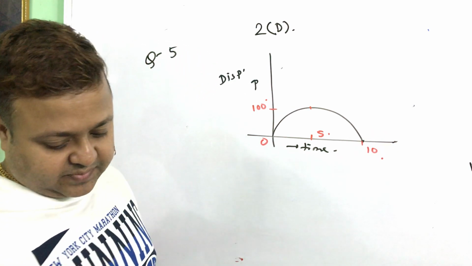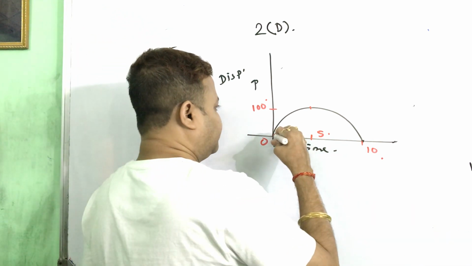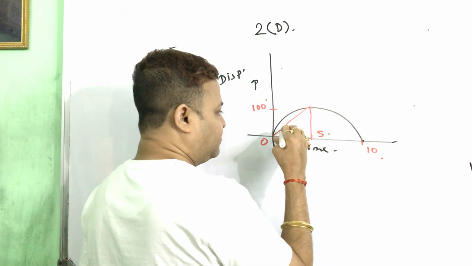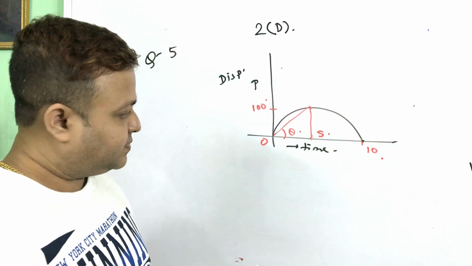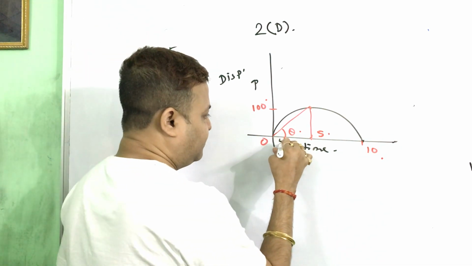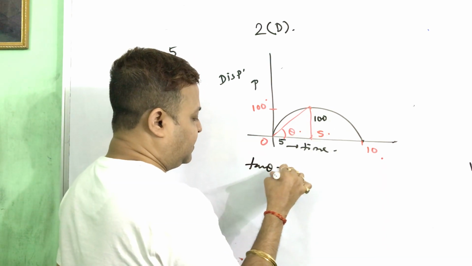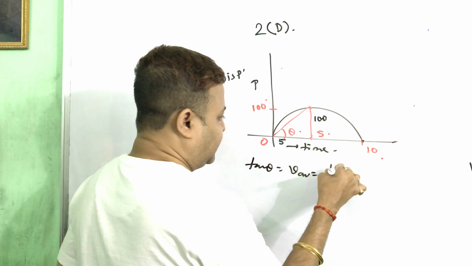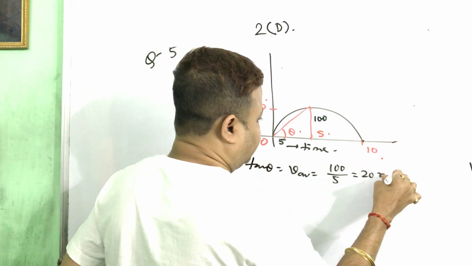Find the average velocity between 0 to 5 seconds. This is 5, this is 100. Tan theta is the average velocity, that is 100 by 5, that is 20 meter per second.